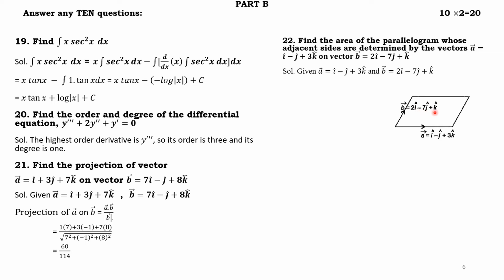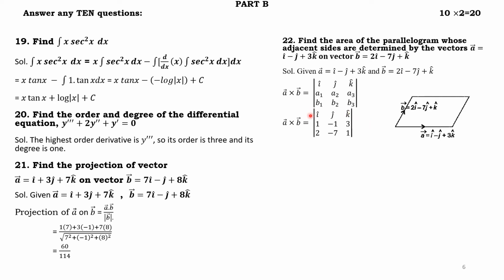So we have to find the area, that is, we have to find the cross product. For finding the cross product, you write a matrix with i, j, k as unit vectors in the first row, then the coefficients of vector A, and vector B in the third row, as shown on the screen.